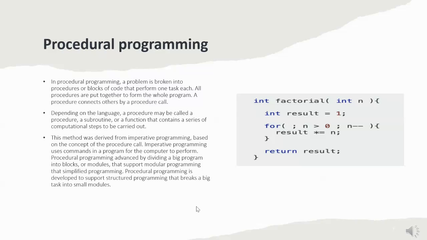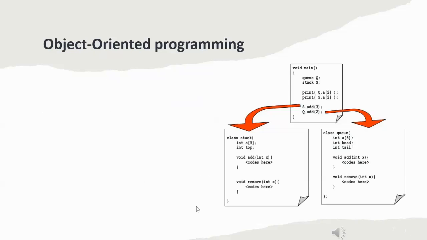Procedural programming is developed to support structured programming that breaks a big task into small modules. Languages that support procedural programming include C, BASIC, Pascal, Fortran, Python, etc.